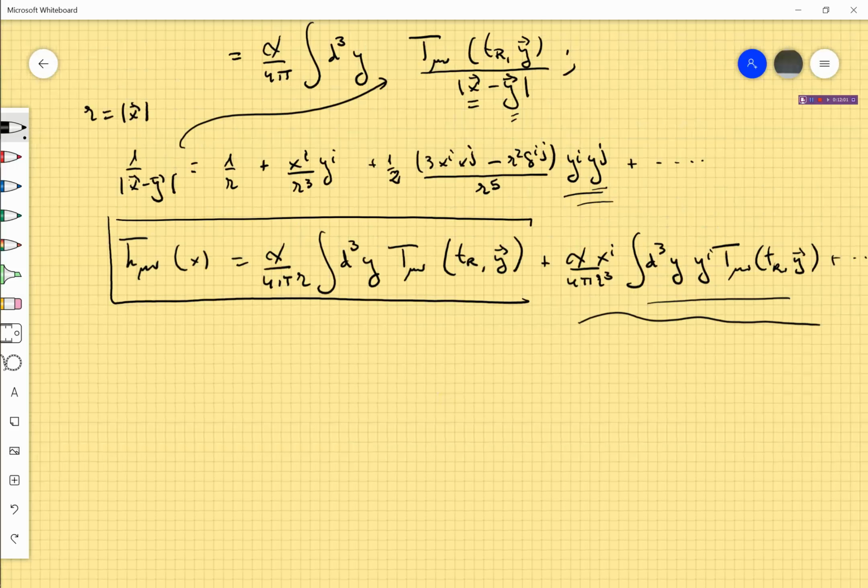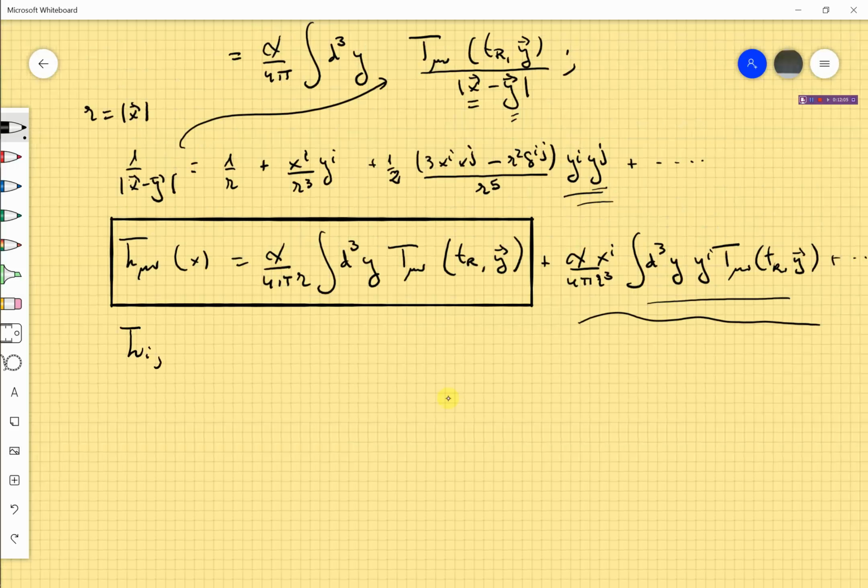The terms that we are interested in are the components h̄^ij, because the 00 and 0i are associated to mass and momentum, and these are the ones that will be associated to radiation. So let me specialize this formula for i and j.